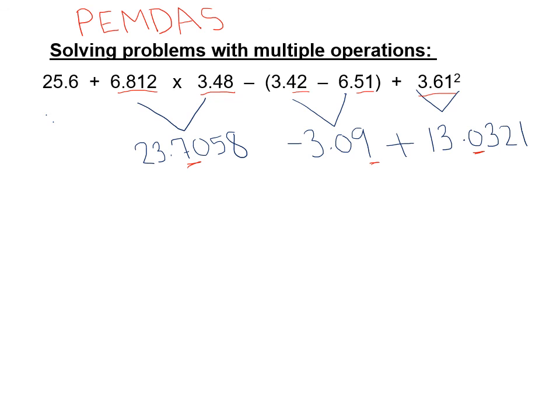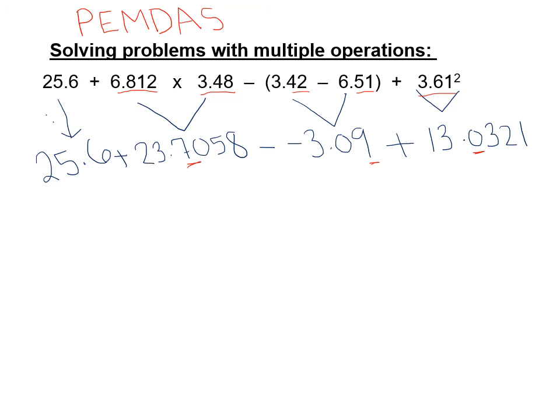So this is a minus here. And then the last order of operation I have is the addition and the subtraction from left to right. So I'm going to add and subtract all of these numbers from each other to get the final answer. So 25.6 plus 23.7058 minus negative.